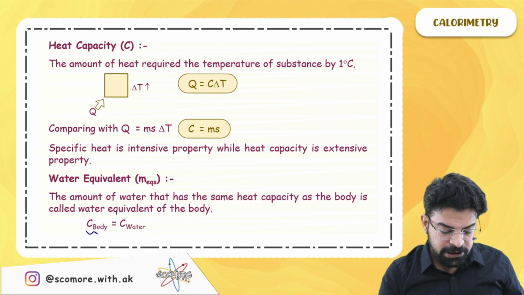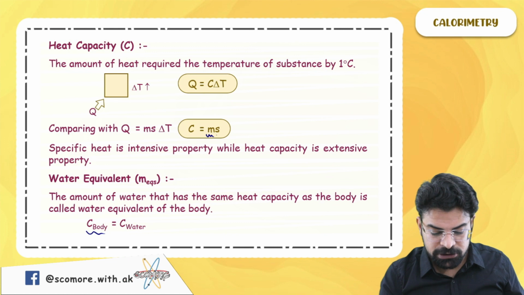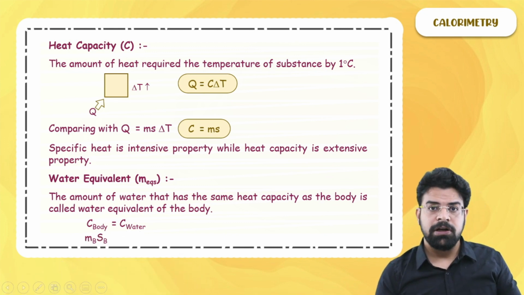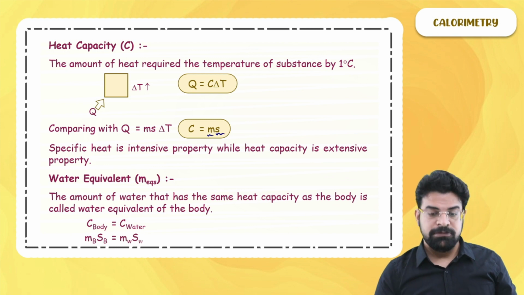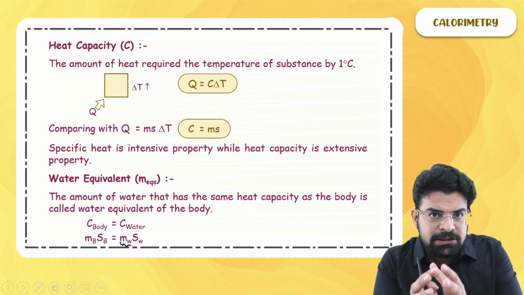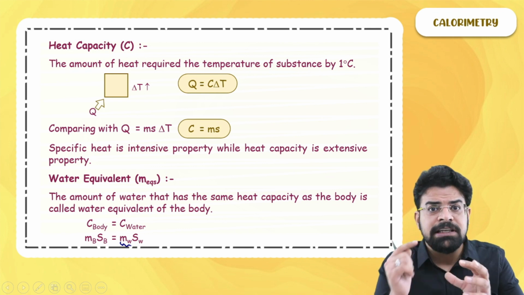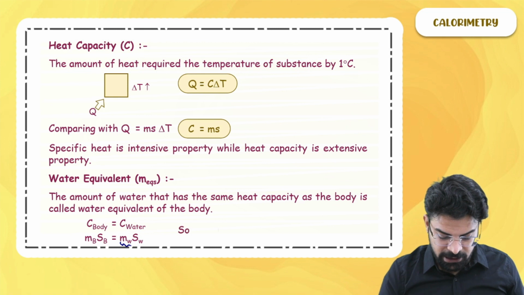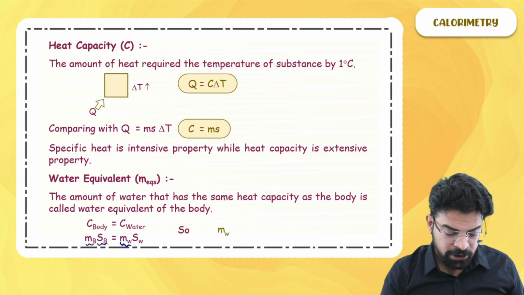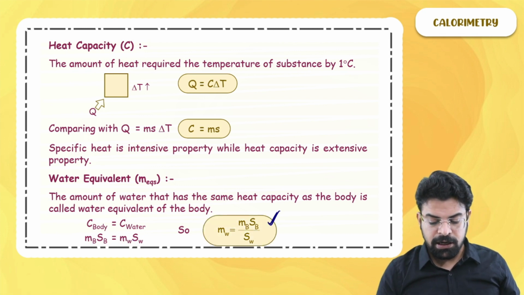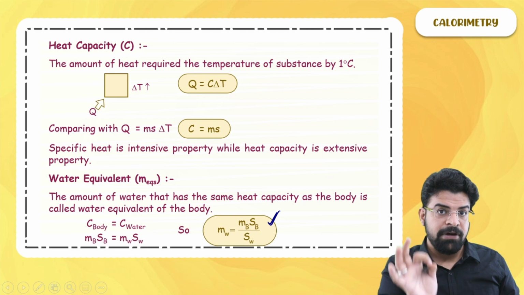The heat capacity of the body can be written as mass of the body into specific heat of body, and heat capacity of water as mass of water into specific heat of water. So the mass of water that has to be placed so as to show the same rise in temperature on providing the same amount of heat is given by the mass of the body into specific heat of the body upon specific heat of water. So this is how you find the water equivalent of any given body.